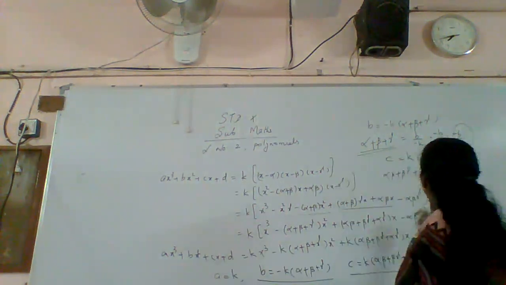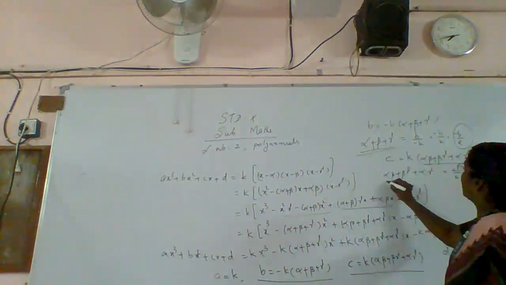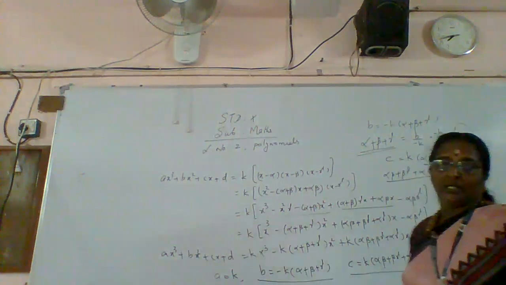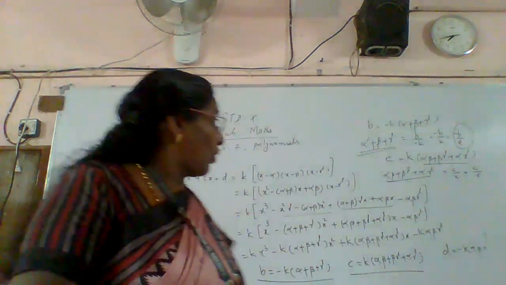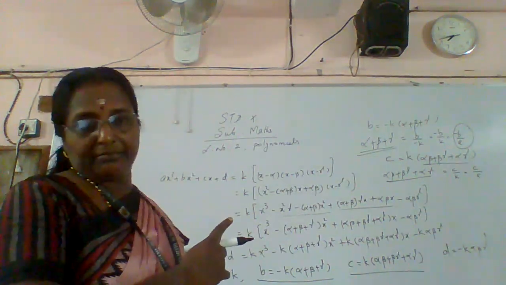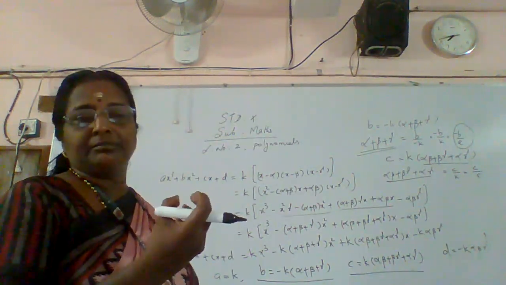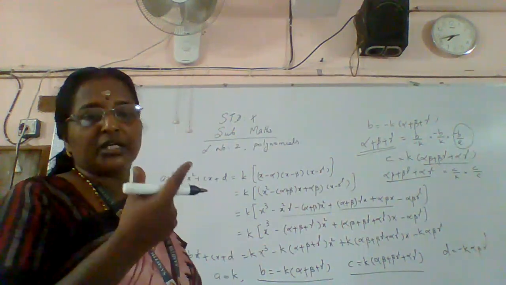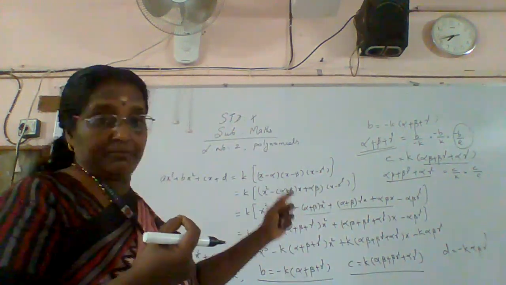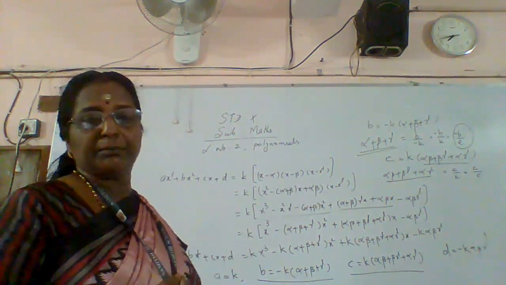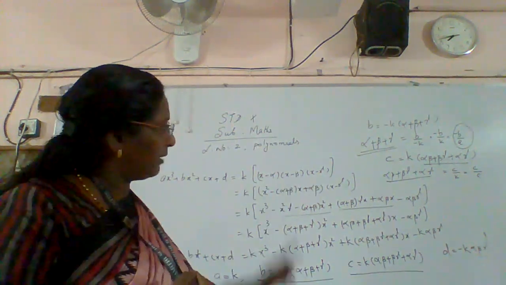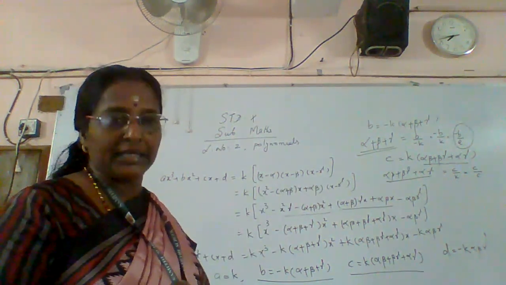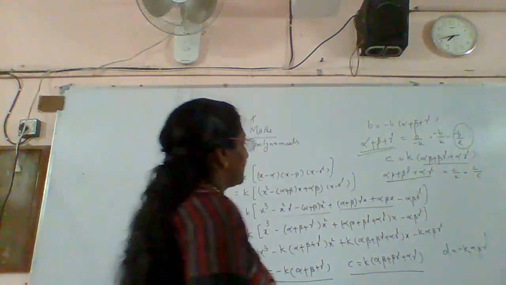Now see, the sum of the products of the zeros taken two at a time, that means alpha beta, beta gamma, alpha gamma, is equal to c by a.